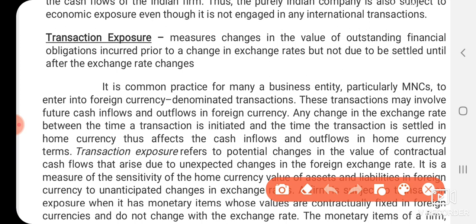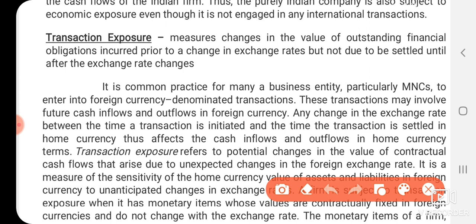It means there are contractual cash flows here. The value will change, say every 6 months, but before settlement its value changes frequently. This is called transaction exposure.